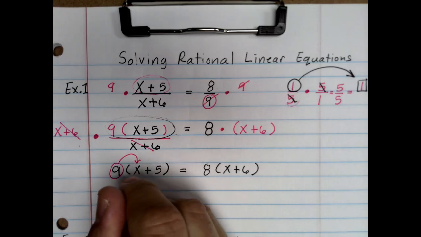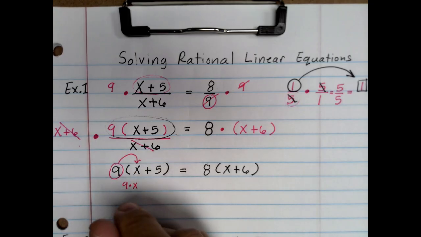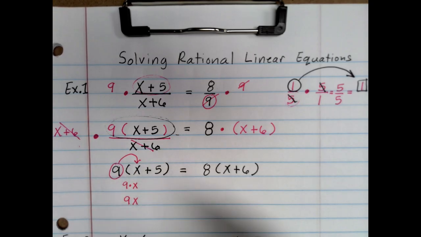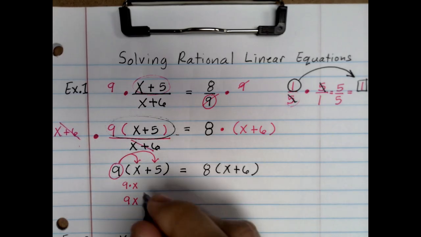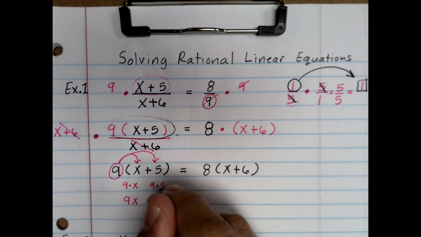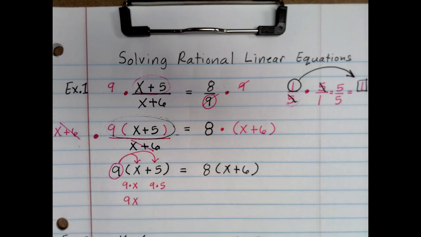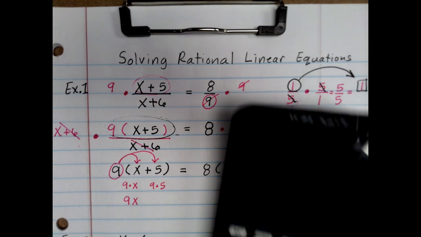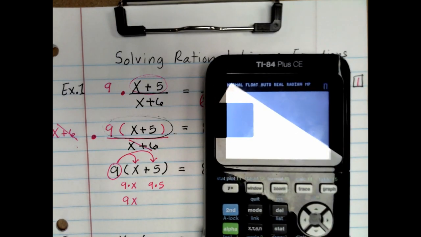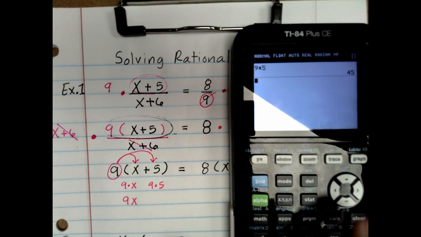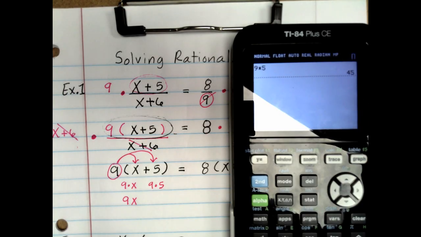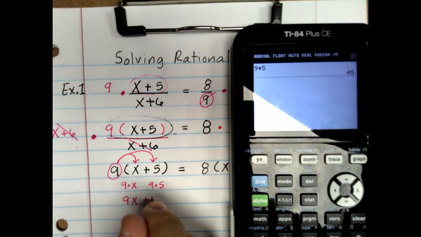So this would be 9 times x, which would just give me 9x. Then I'll multiply 9 times 5. And remember, if you're not good at multiplication, it's no big deal. Use the calculator. So I'll do 9 times 5 so you can see what I'm doing. Notice that gives me 45. So this becomes positive 45.